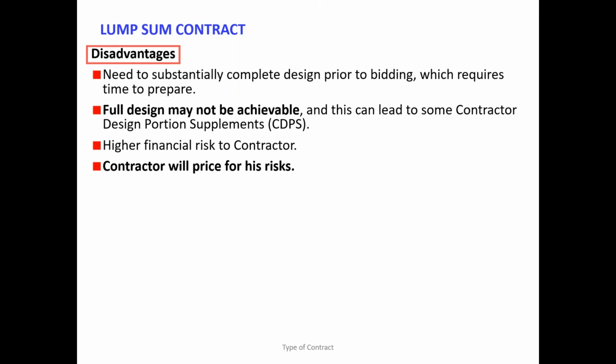So if you transfer the risk to the contractor, he will price the risk. Therefore, who is paying for the risk ultimately? Who is going to pay the risk again? Tell me. Employer, the client. Remember the taxi driver also knows route diversion can happen, so he will ask including all.